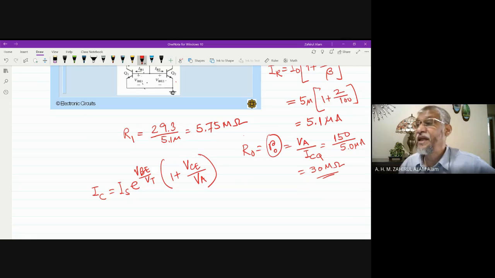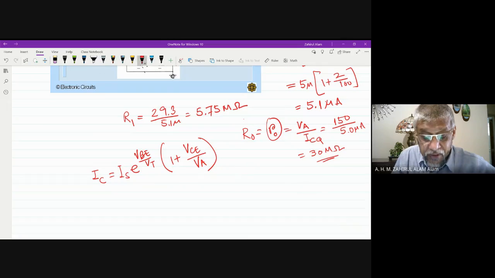So if VA is not infinity, the collector current is related to the base to emitter voltage and also the saturation current.